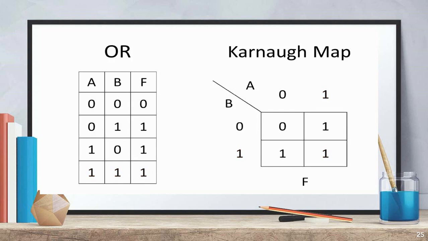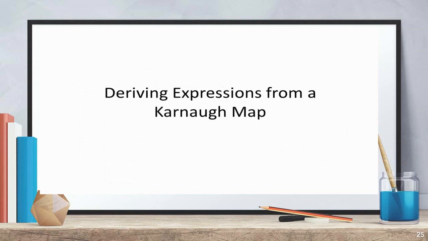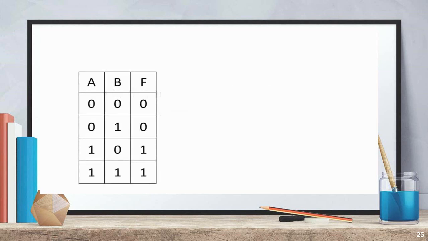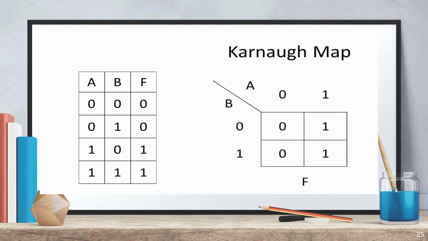Now let's talk about how a KMAP can be used to derive the simplest possible boolean expression. Here's another, different truth table, again with 2 variables A and B, but the outputs in column F are different. This time the corresponding KMAP looks like this. To derive the simplest boolean expression from a KMAP, we are looking for the largest possible grouping of ones. An expression can be derived by inspecting this group.